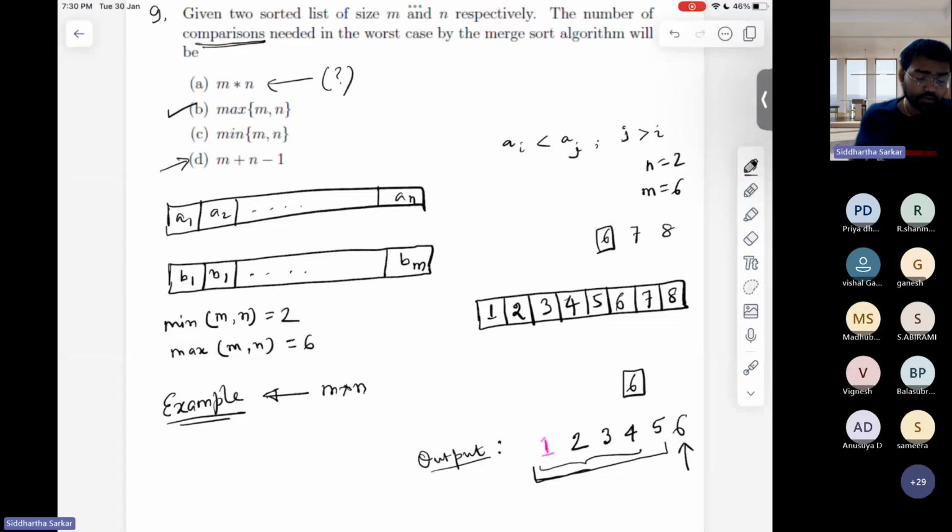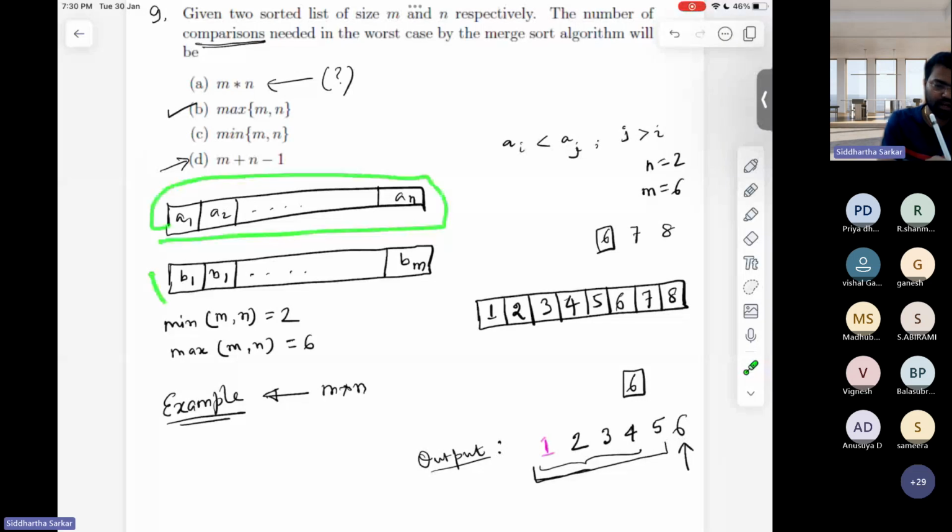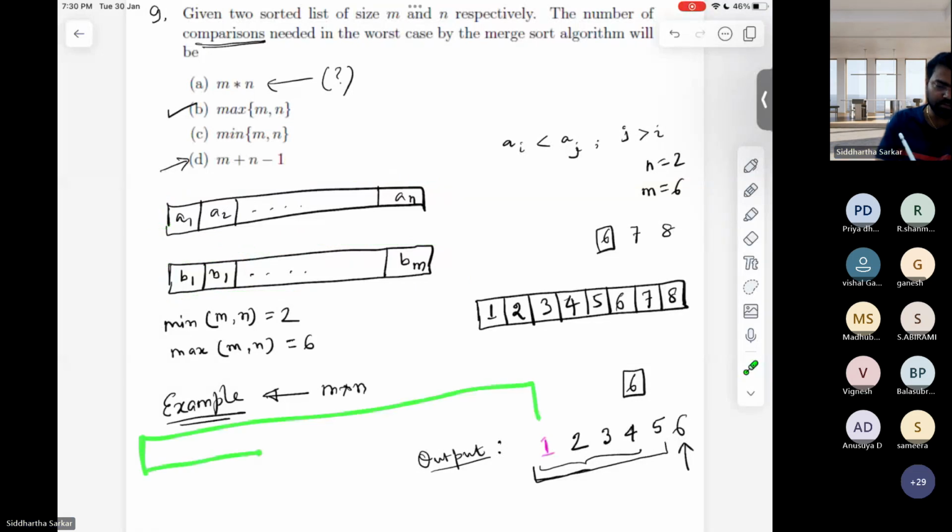So yeah, what he said is correct, but I'll rephrase what he said. So what he said is that, look, you have these two arrays. One array having n numbers and the other array having m numbers. And we are targeting to obtain an output array containing m plus n numbers in the sorted order.